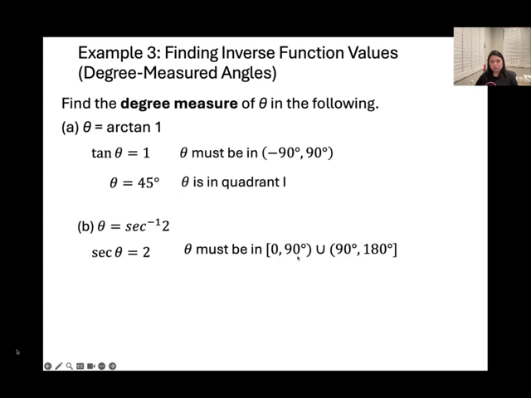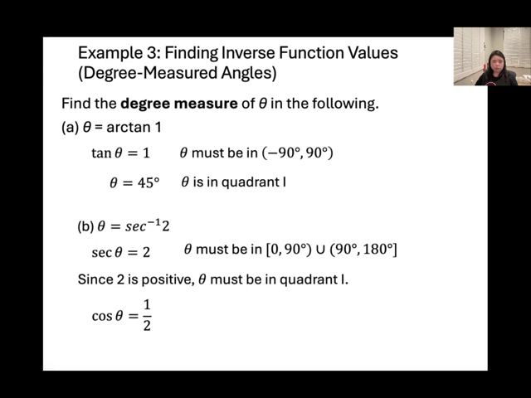Theta must be in 0 to 90, that's quadrant 1, and this is going to be quadrant 2. Secant has to be positive, so it has to be quadrant 1 here. And then we could revise it, I could make it cosine theta, right? So the reciprocal of this. So cosine theta equal to 1/2. So theta will be 60 degrees.